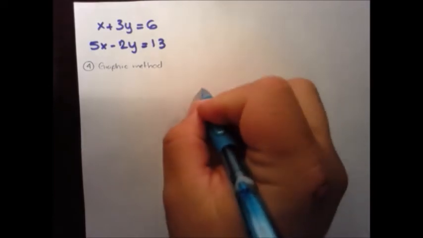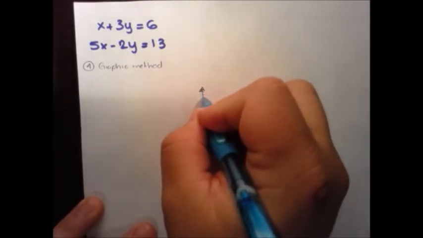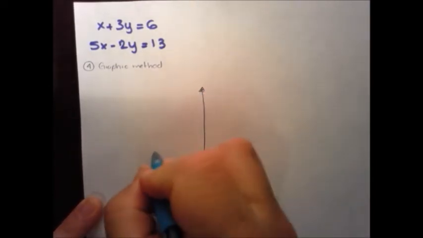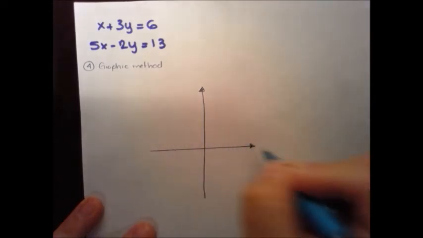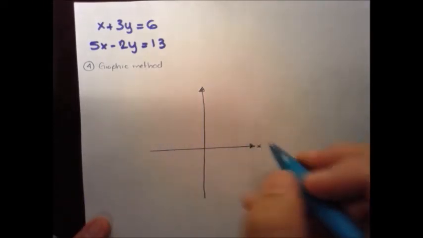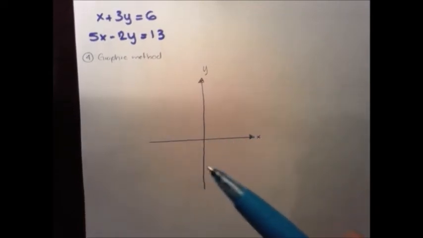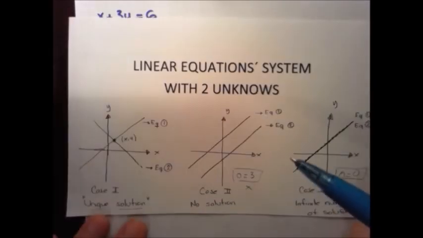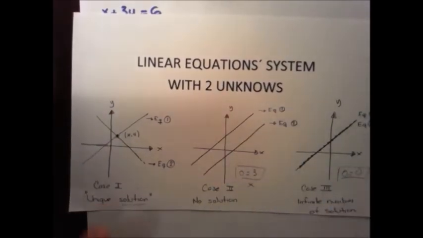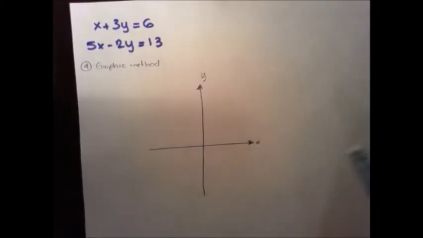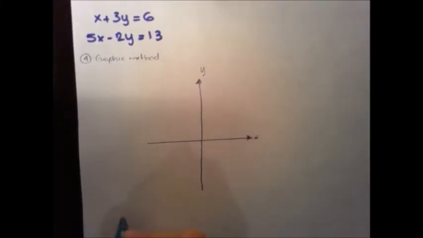What I want to do is make the graph of both equations, x and y, and then I'm going to realize if I'm talking about case number 1, 2, or 3. Well, here I'm going to take first the first equation and then the second equation.